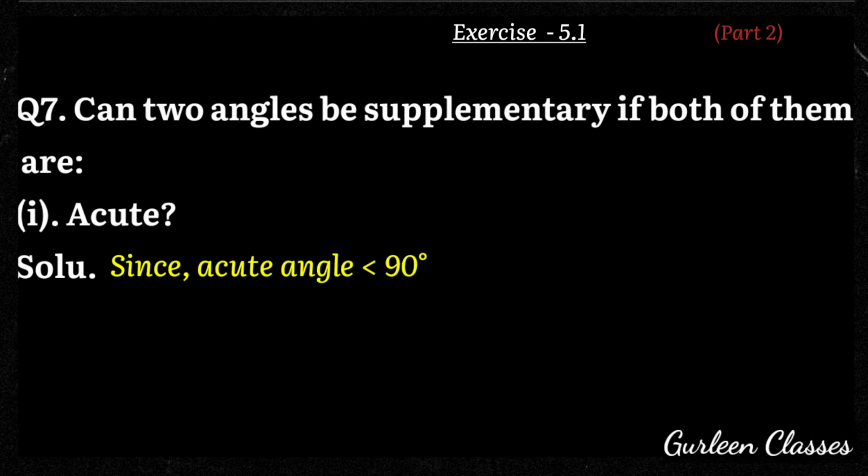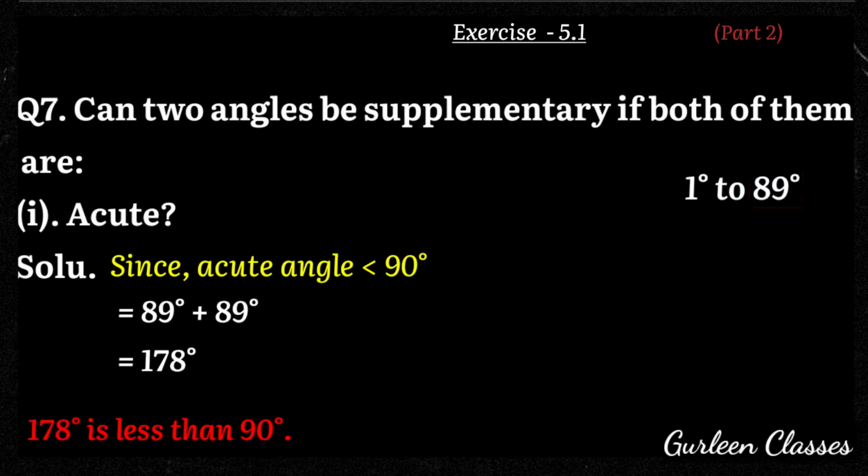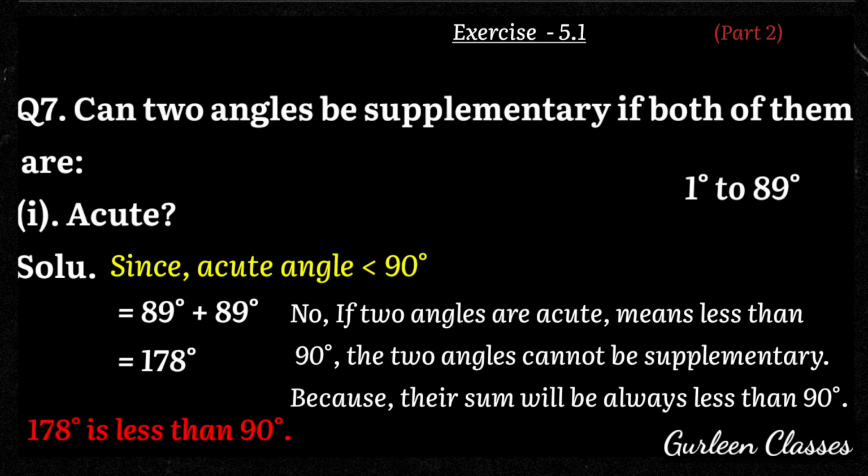Means it will lie from 1 degree to 89 degree. Those are acute angles. अगर आप सबसे बड़ा acute angle लेते हैं, that is 89 degree. So 89 degree plus 89 degree is how much? That is 178 degree. So 178 degree is less than 180 degree. आप कोई भी दो acute angles लेते हैं, the sum will always be less than 180 degree.